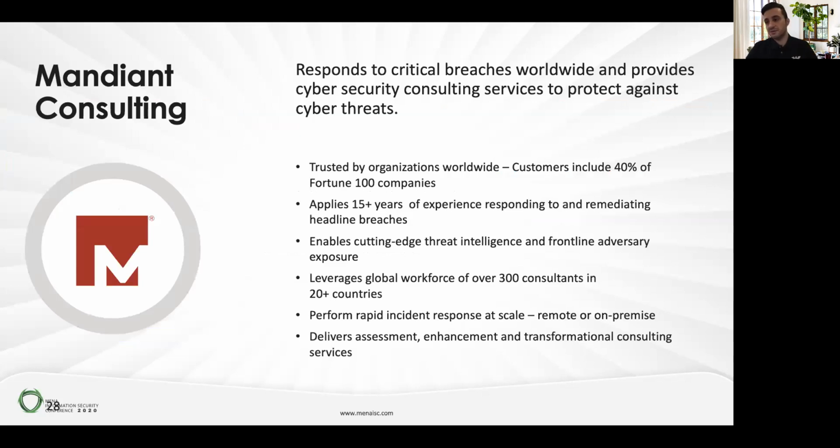Mandiant team. Those guys have been on the front line since 2004. They are responding to the most complex breaches worldwide. This team as well has extensive experience, 15 plus years. They have a deep understanding of the existing threats and the emerging threat actors.